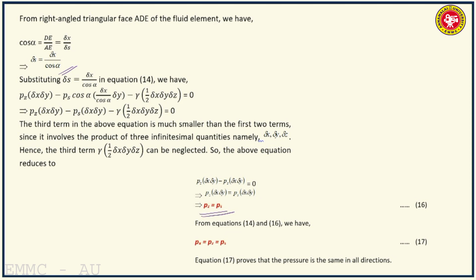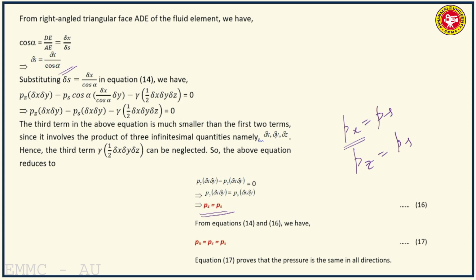So, what we proved earlier, we proved that PX is equal to PS, and now we have proved PZ equal to PS. That is, the pressure intensity on the fluid element in x direction is equal to the pressure intensity on the fluid element normal to the inclined face, that is in S direction.